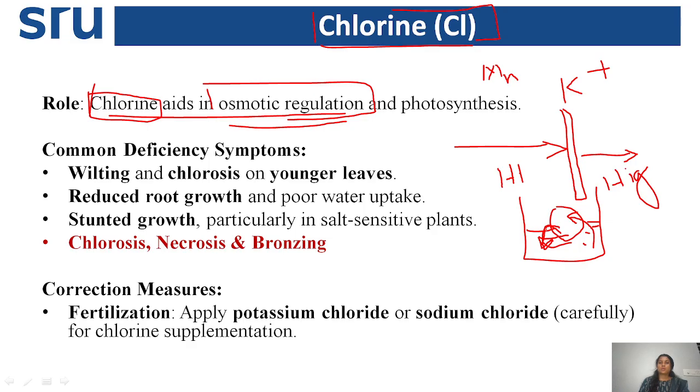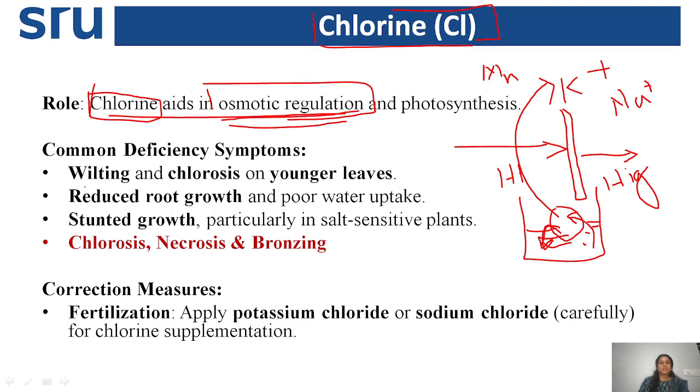To avoid this exosmosis, the plant will increase nutrients like potassium, chlorine, sodium, and also malate and sugar alcohols like mannitol and sorbitol, and proline. All these are involved in osmotic regulation.